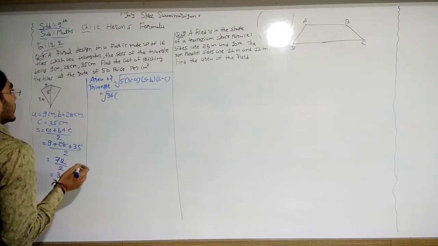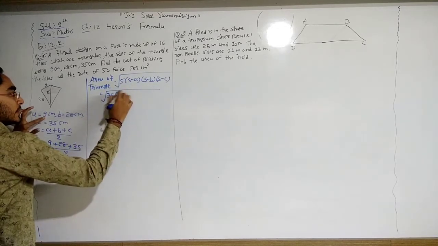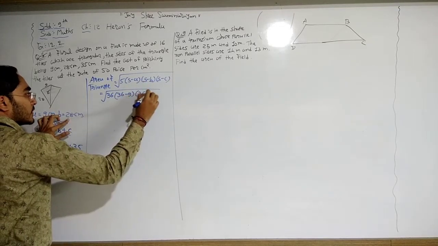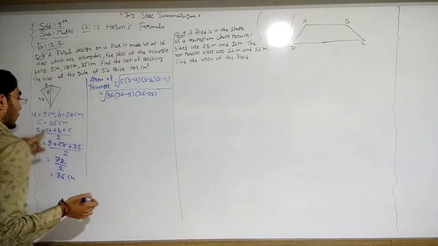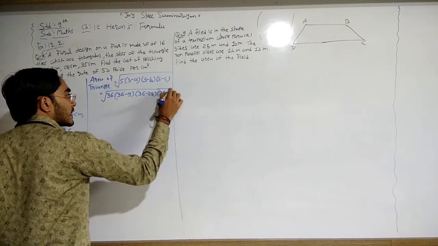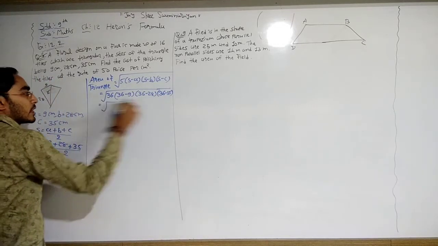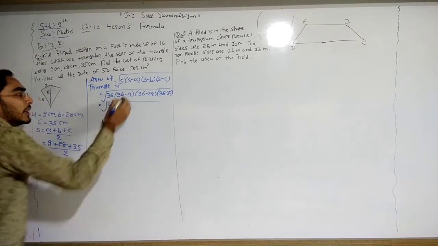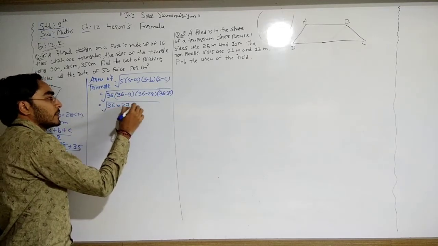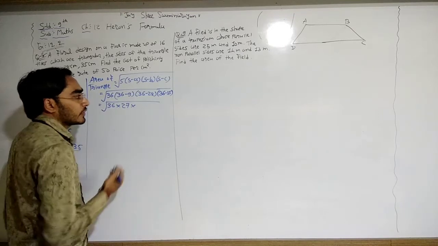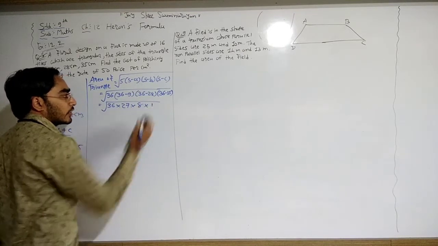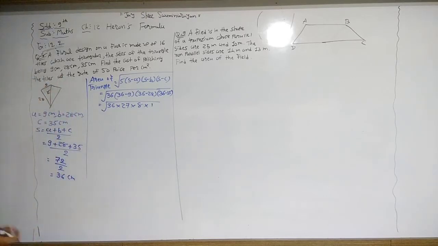Now 36 minus A, so 36 minus 9, then 36 minus B, so 36 minus 28, and S minus C, 36 minus 35. Now 36 multiplied by, here 36 minus 9 is 27, then 36 minus 28 is 8, and 36 minus 35 is 1.